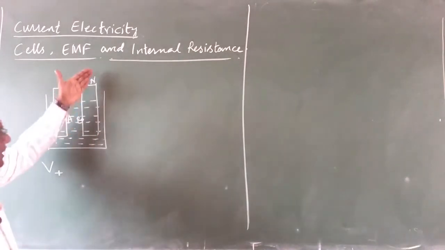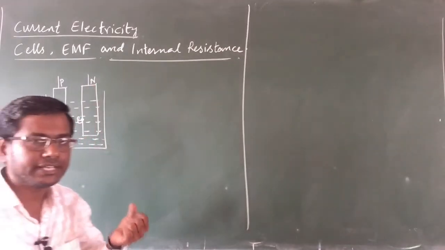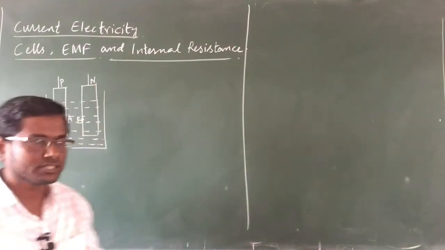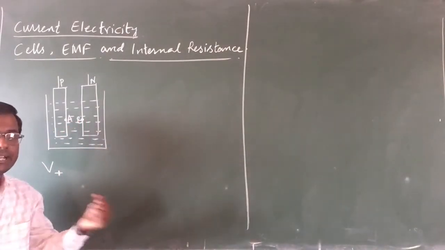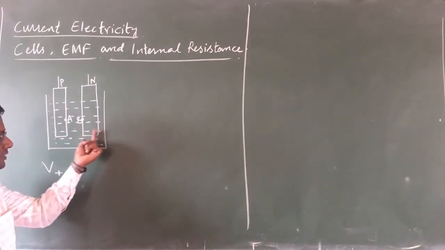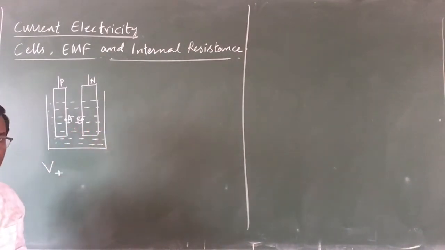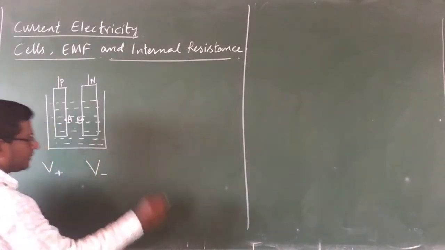Similarly, if I look at this plate which has got negative charges or negative ions accumulated onto it, what happens there? It is going to develop a negative potential with respect to the electrolyte which is surrounding the negative plate, and that potential I am going to call V minus.